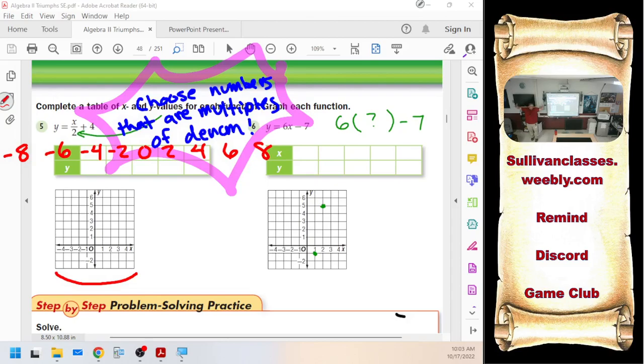I've done that before, plenty of times. But -4 to 4, I've got that right there in my graph. So those are the numbers we chose. We chose even numbers that were in my graph. That only needs to happen when you have a denominator, when they have a fraction.